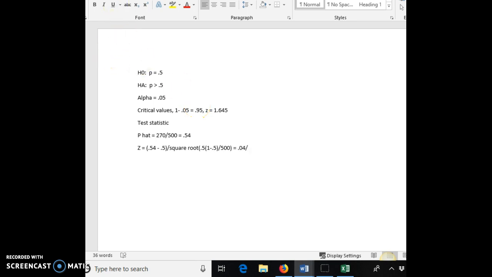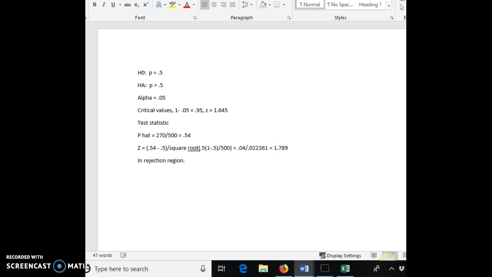On the bottom, we're going to have 0.022361. And then if I divide that out, I'm going to have 1.789. All right, so let's notice 1.789 is to the right of our 1.645, and of course our test is right-tailed, so this is in the rejection region.